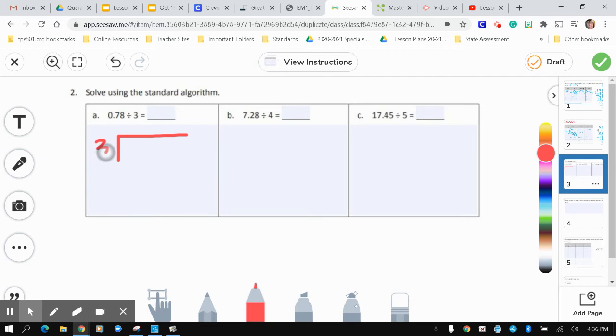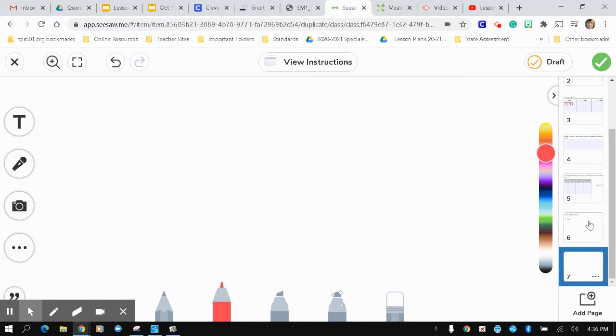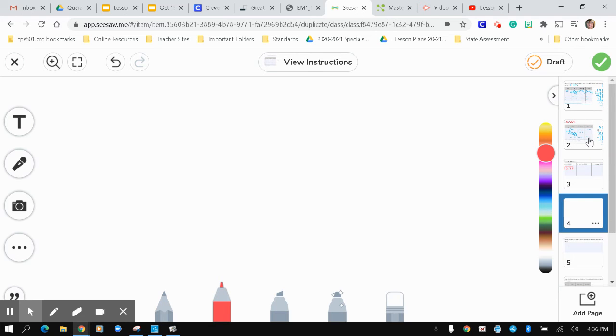So our divisor goes on the outside, and our dividend is the first number that goes inside. My suggestion to you would be to click Add Page, and to solve each one, you might have to drag that page all the way up here, and then put each one on its own page so you have space to solve it.